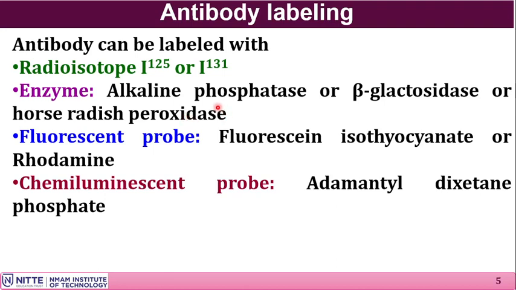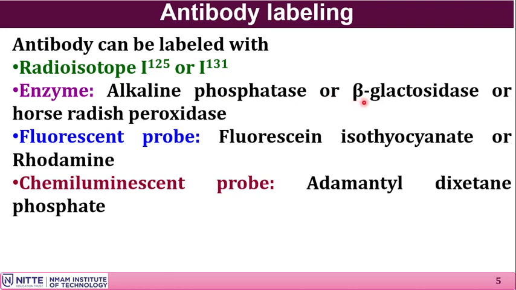As far as indicator enzyme is concerned, enzyme could be alkaline phosphatase or beta galactosidase or horseradish peroxidase. These are the three common enzymes which are predominantly used in most of the immunodiagnostic kits, and they have their own substrates and they can develop indicator reactions, which we will be seeing in a future lecture. The source for alkaline phosphatase is predominantly bacteria.